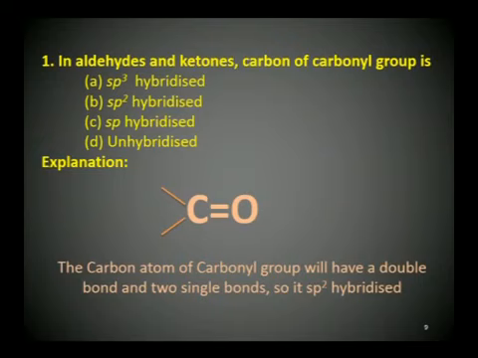If a carbon atom has 2 double bonds, or 1 triple bond and 1 single bond, we call that carbon atom an sp hybridized carbon atom. So, in this question, the carbon atom has 1 double bond and 2 single bonds. That is why this carbon atom is sp2 hybridized, and the answer is B.